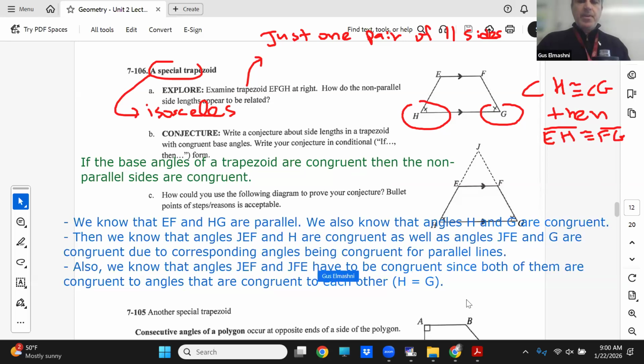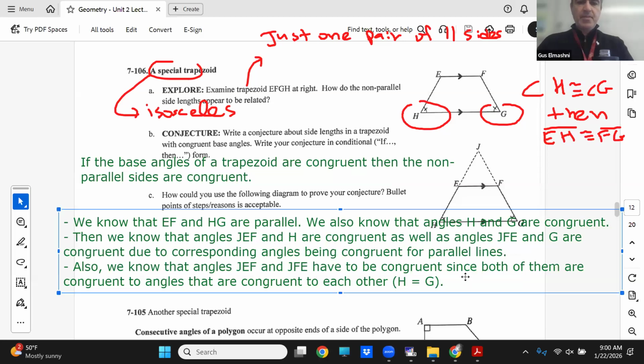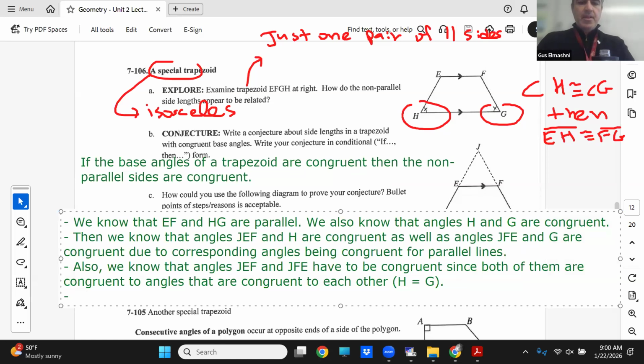So then we know, we're almost going to drive this home here. Sides JH equals JG and JE equals JF due to isosceles triangles.